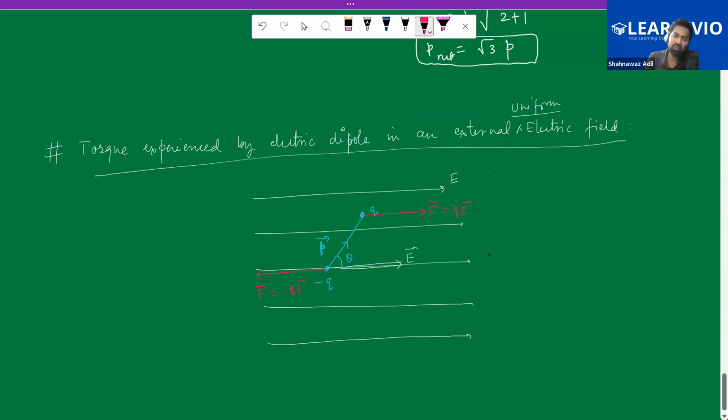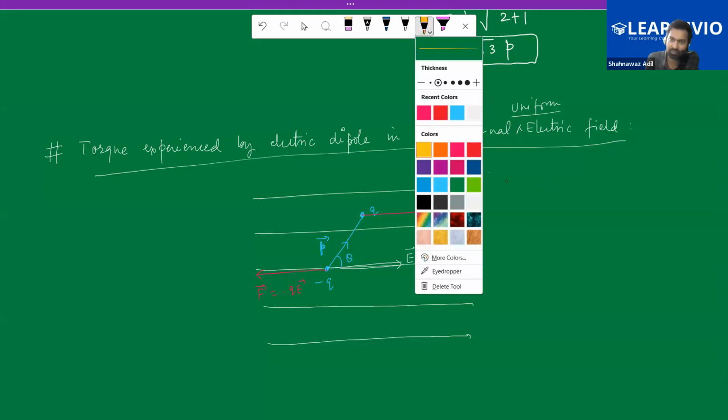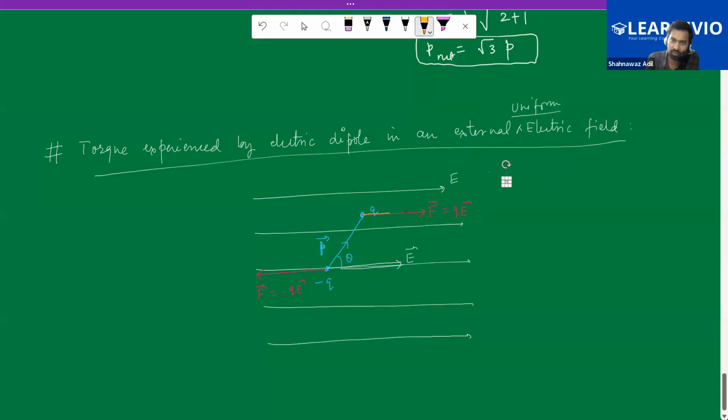So what do we have? We have a net force. This is F, which is qE, and this is again F, which is minus qE.